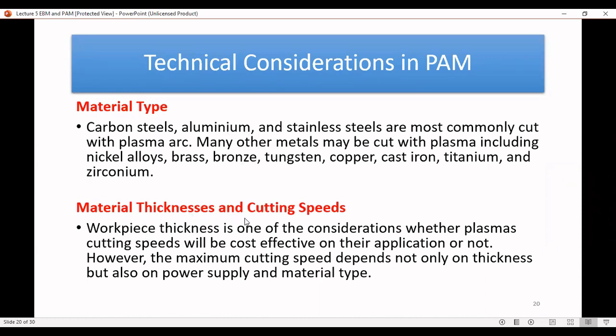In terms of material thickness and cutting speed, workpiece thickness is one of the considerations in whether plasma cutting will be cost effective or not. The maximum cutting speed depends not only on the thickness but also on the power supply and the material. We're going to look into this later in a bit more detail, in terms of how the thickness dictates the cutting speed.